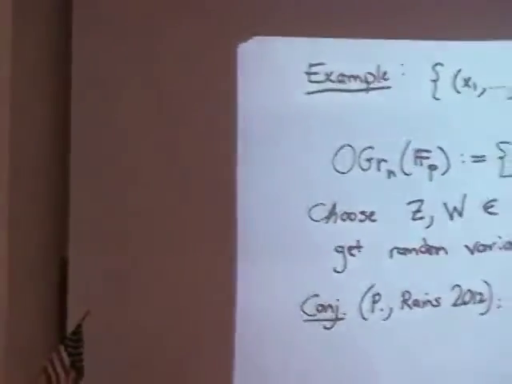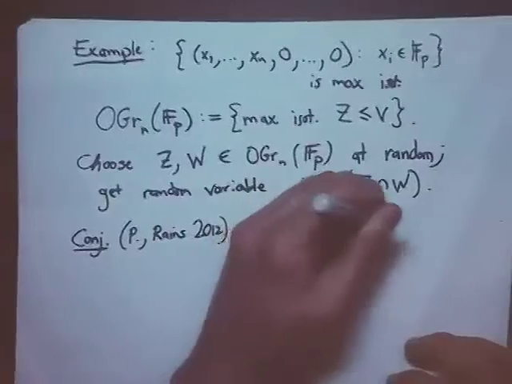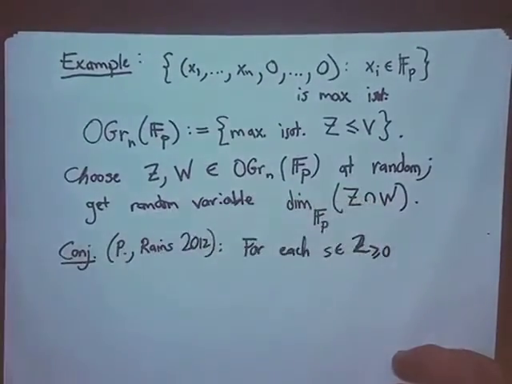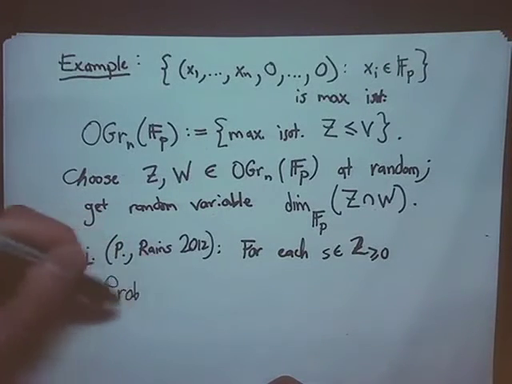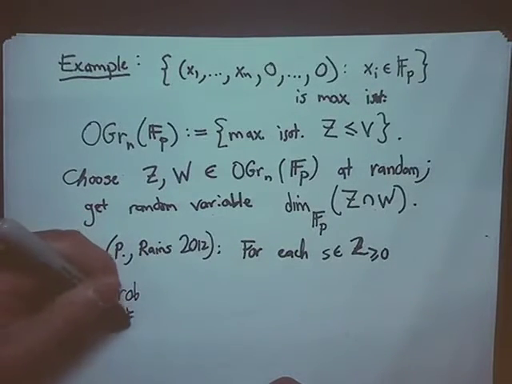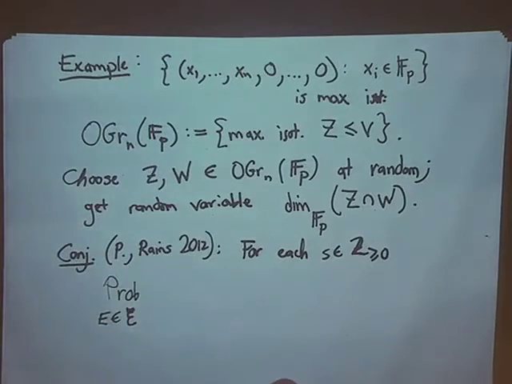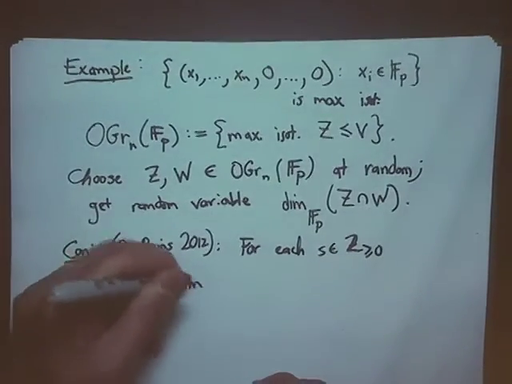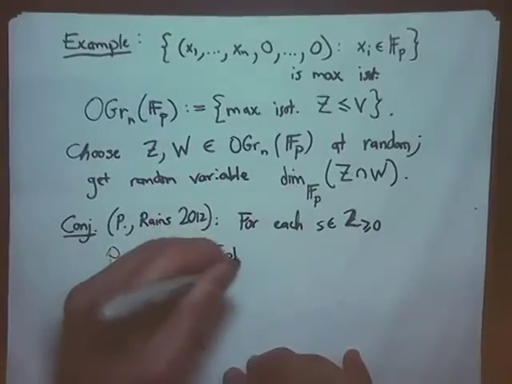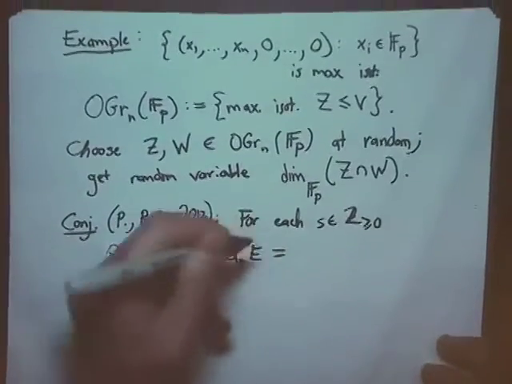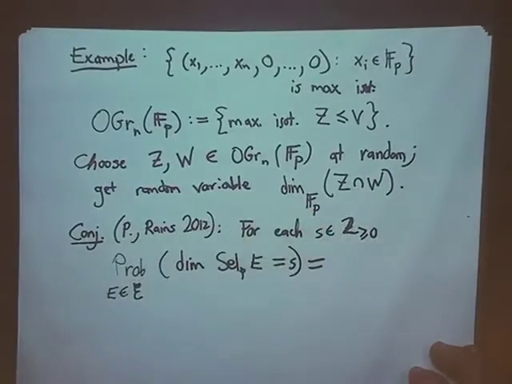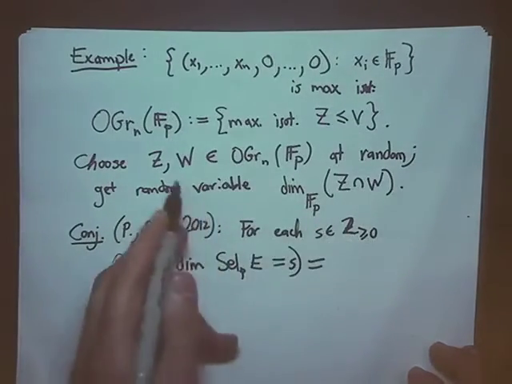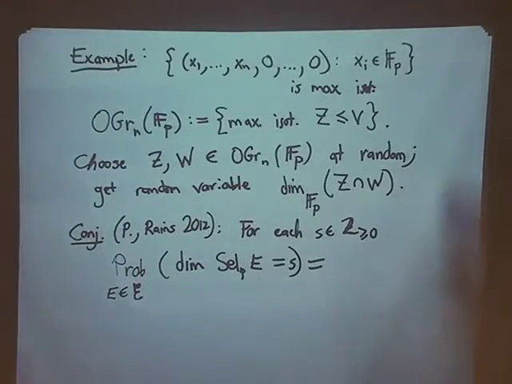So the conjecture is that for each non-negative integer s that could be the dimension, the density of elliptic curves, and I'll write this just to remind you, we're looking at all elliptic curves and asking among those, what's the probability that the P-Selmer group has dimension s? The prediction of this conjecture is that you take this random process that just involves linear algebra.